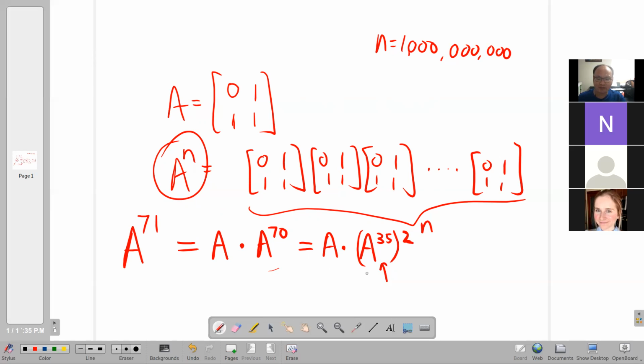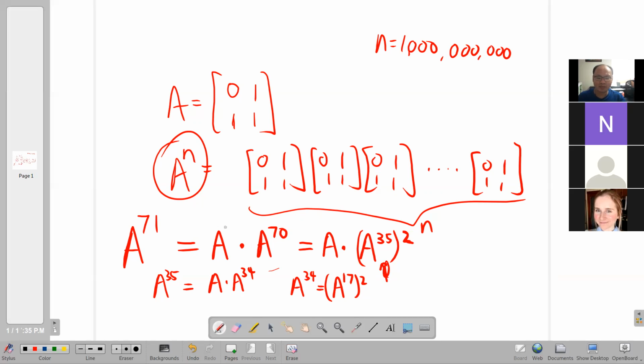Now 35 again, it's odd, so it's A times A to the 34. And then A to the 34 is A to the 17 squared. So recursively you compute A to the 17, and then in one more multiplication, you get A to the 34. Whenever you see an even number, you can halve the exponent.